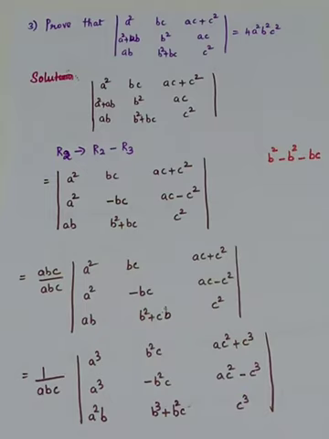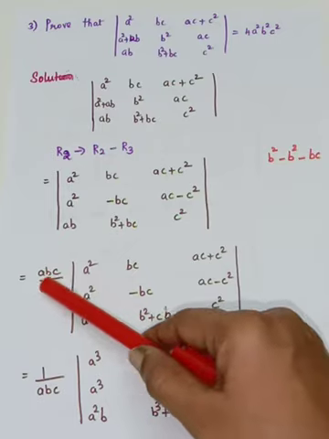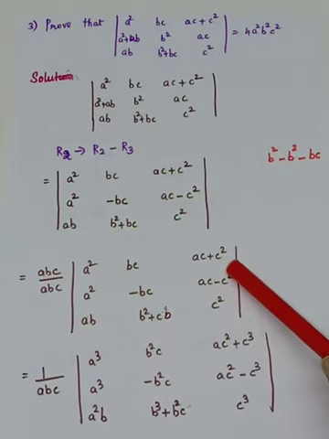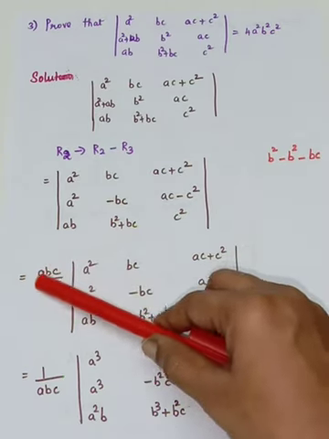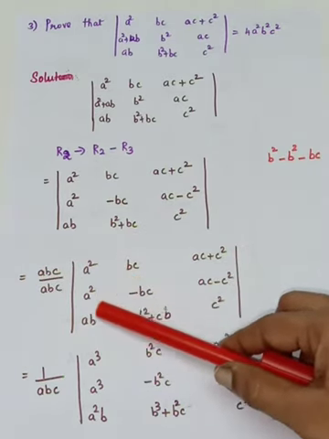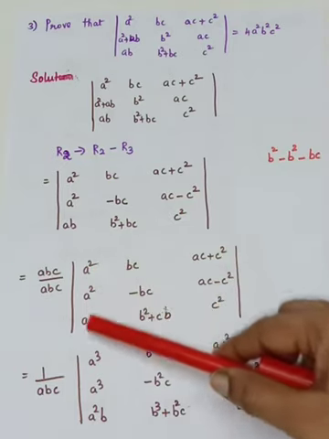So next what you are going to do is multiply and divide it by ABC. See, in the numerator ABC you have to take, and A has to be multiplied with the elements of column 1, not row 1, column 1.